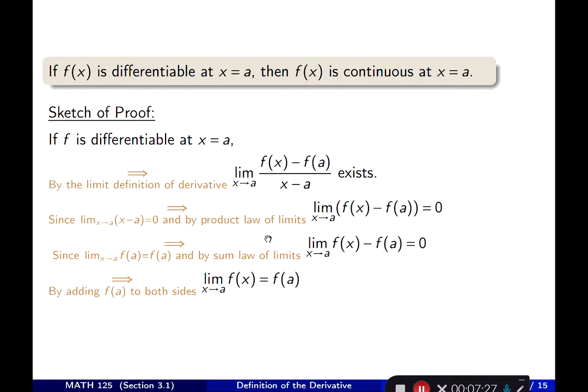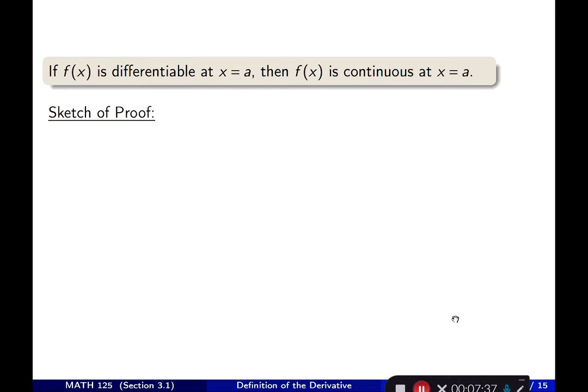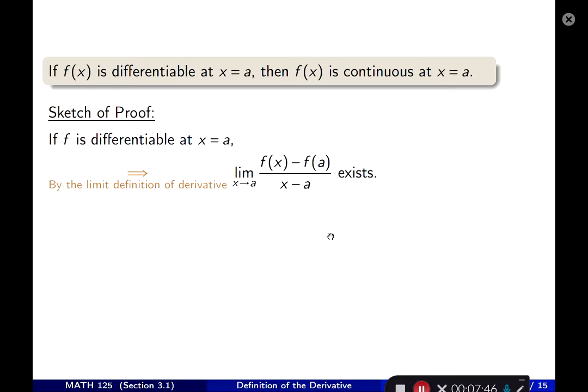And so now I like to do a quick proof of this statement that we made. So if f of x is differentiable at x equal to a, then the limit as x approaches a of f of x minus f of a over x minus a exists by the limit definition of the derivative.